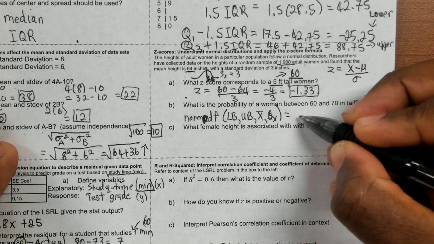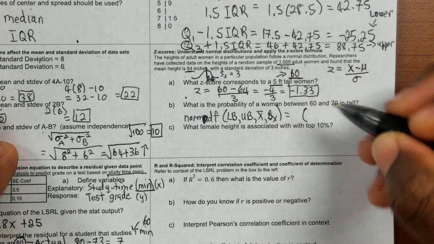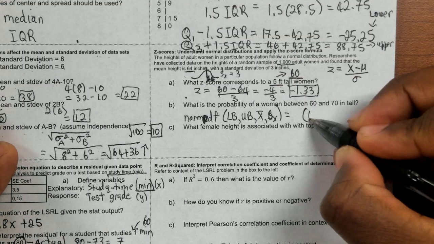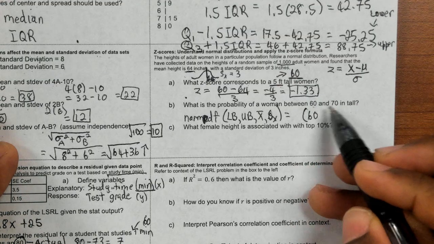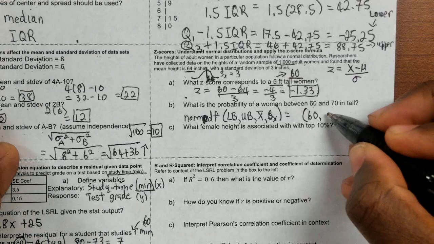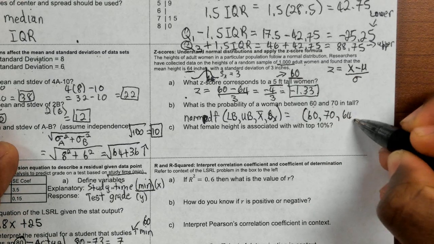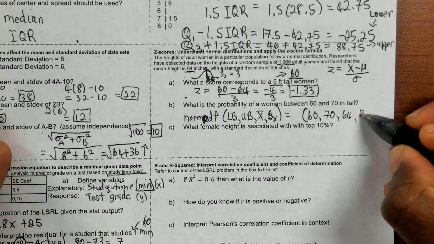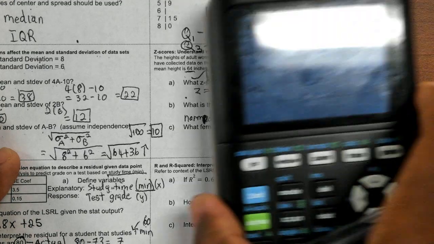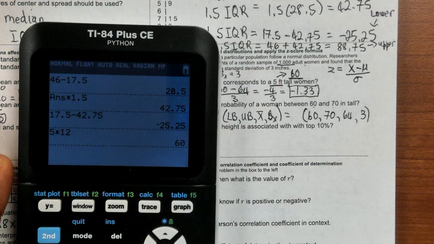My lower bound is 60, my upper bound is 70, my mean is 64, and my standard deviation is 3. I'll go to my calculator and type that in.